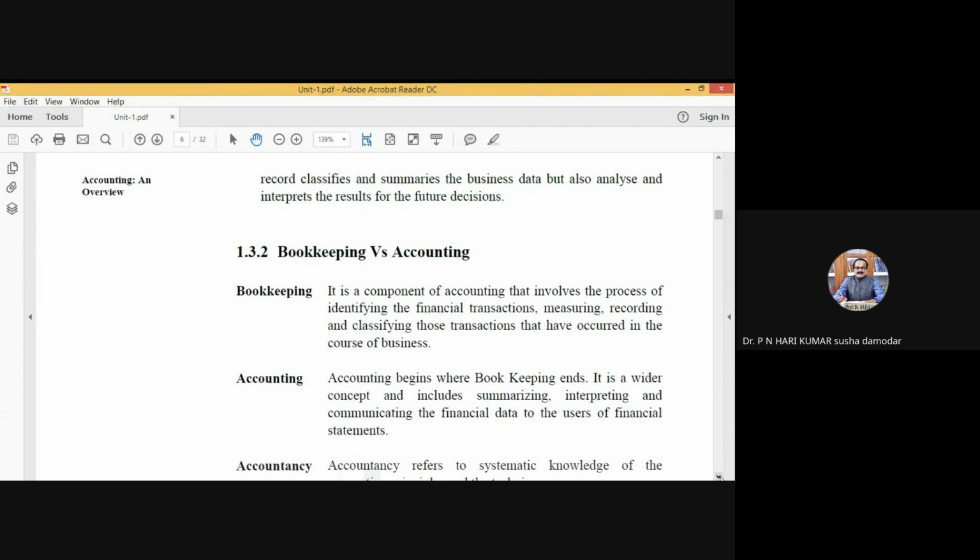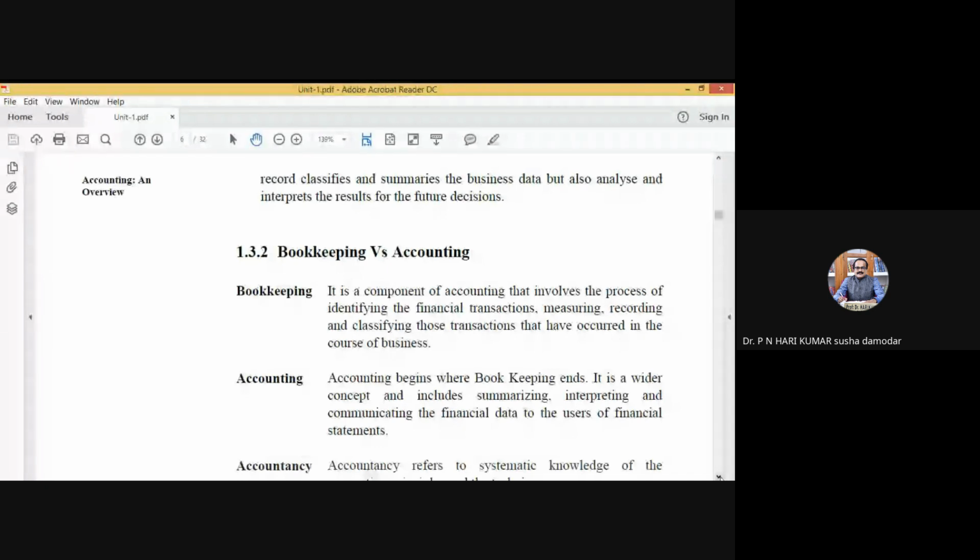But accounting is the bigger thing, which includes bookkeeping. Bookkeeping is one of the elements of accounting. Accounting begins where bookkeeping ends. Transactions take place, we record them, summarize them, classify them, interpret them, then there will be a result.